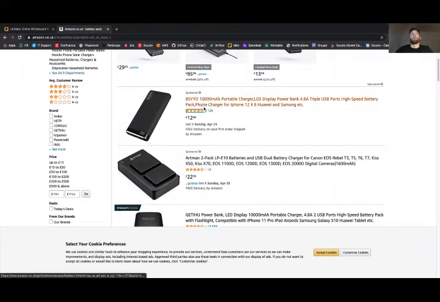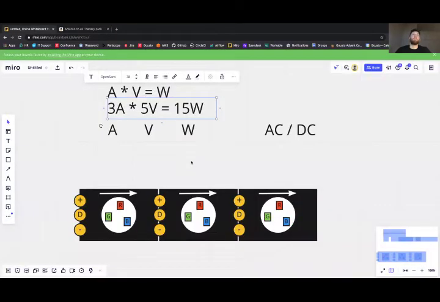relatively cheap. The main stat that you want to look at beyond the voltage that it outputs is this number, a number followed by mAh. This stands for milliamp hours, okay? Higher means more capacity. Higher means the lights will be on for longer. Let's look at the math of this. So let's think about 10,000 milliamp hours.